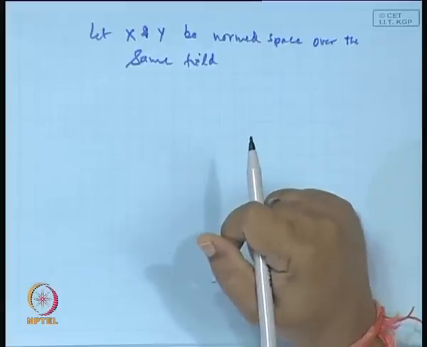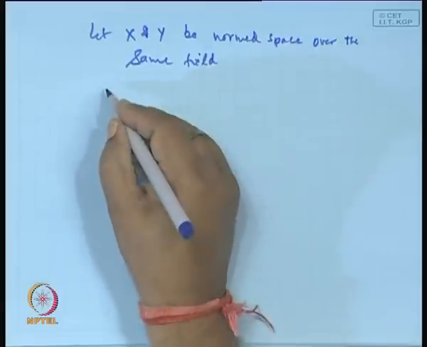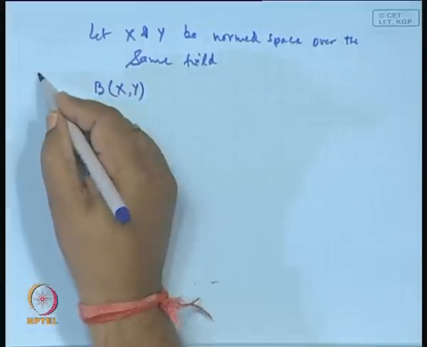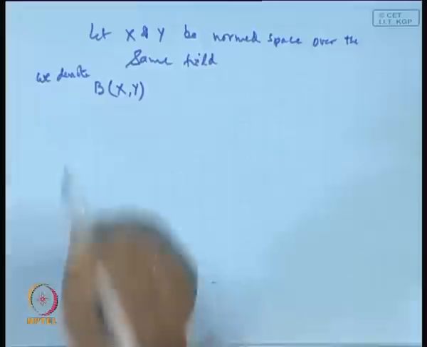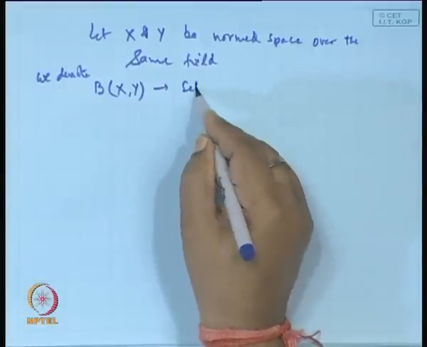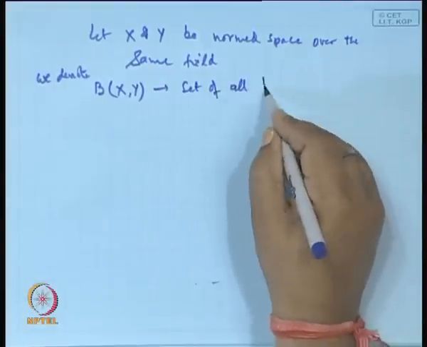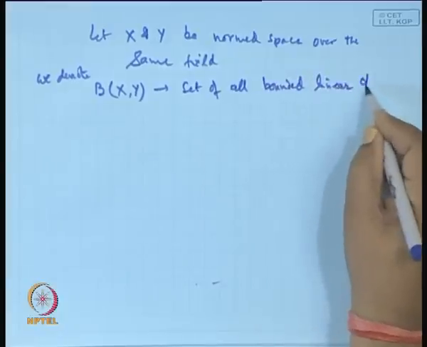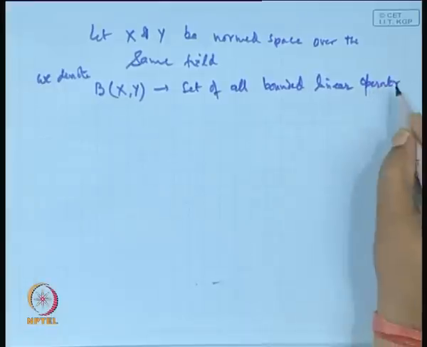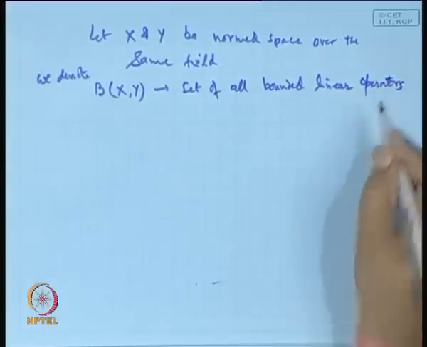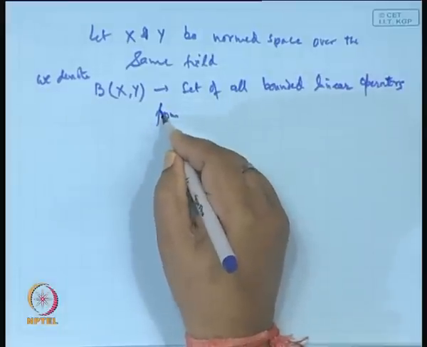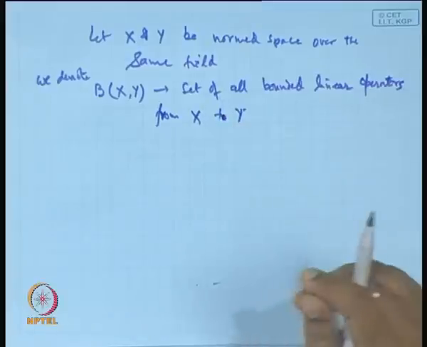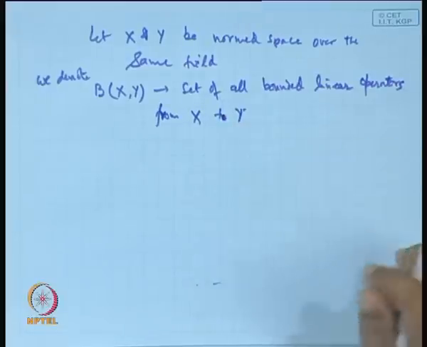Denote B(X,Y) as the set of all bounded linear operators from X to Y, bounded linear operator from X to Y.